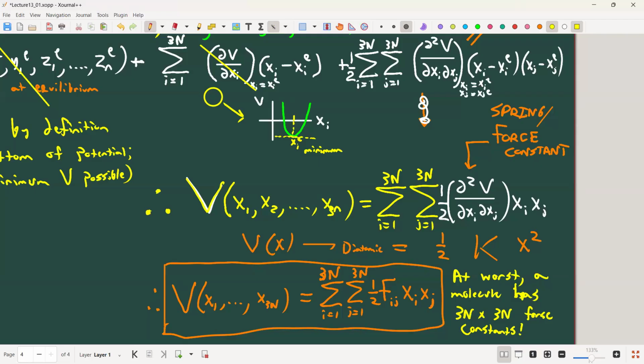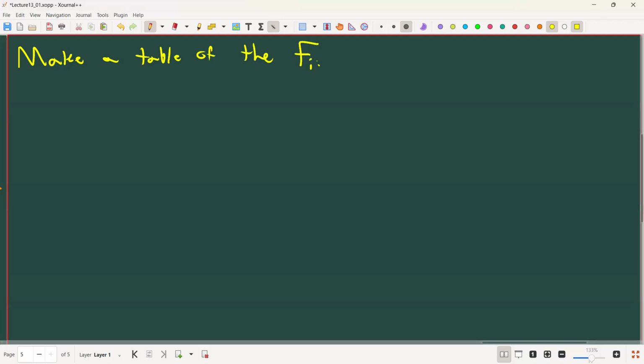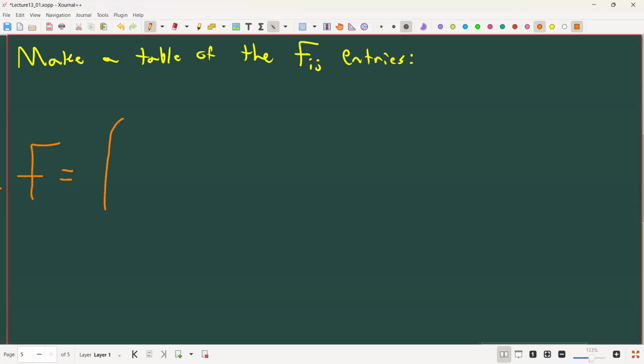All right, so what I'm going to do is make a table of them. We're going to make a table of the Fij entries, where we're going to put rows and columns. I've got this F, and we're going to put it in a big spreadsheet.